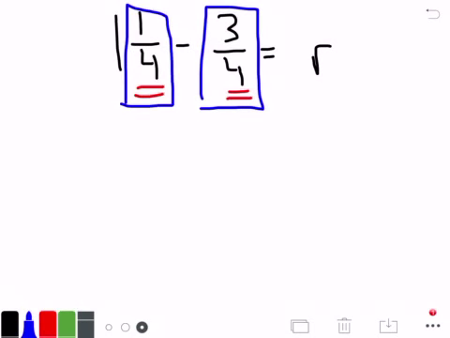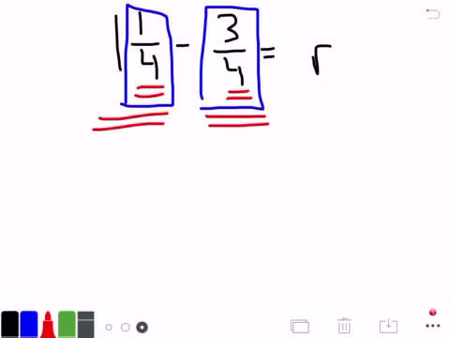Based on previous knowledge of subtraction, you cannot take a bigger number away from a smaller number. If you only have 1/4 to give away, I can't possibly take 3/4 away from that. So we need to fix that to make sure that the fraction on the left side is actually bigger than the fraction on the right side, so I can take a value away from it.